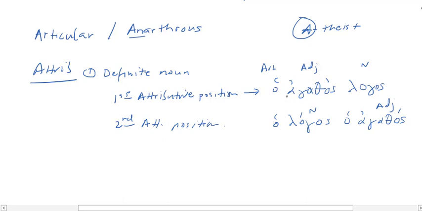The article does. Ho agathos logos, ho logos ho agathos. So in both cases, when the noun is definite, it doesn't matter which attributive position I'm using, the adjective will be what? Articular or anarthrous? The adjective will be articular. That is to say, the adjective will have the article right before it. All right?